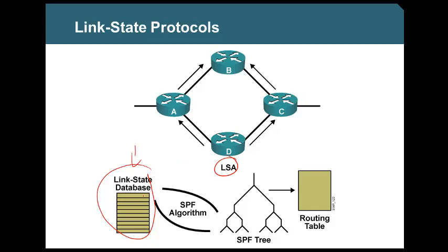Once the database is created, this is what I call the topology table, the topology information table, LSDB, on top of which the SPF algorithm, the Dijkstra's algorithm runs, and picks the best path for each destination and gives the best path to the routing table to use.